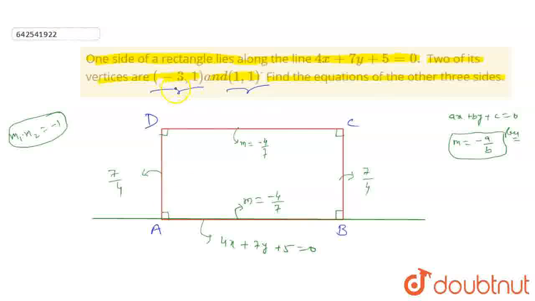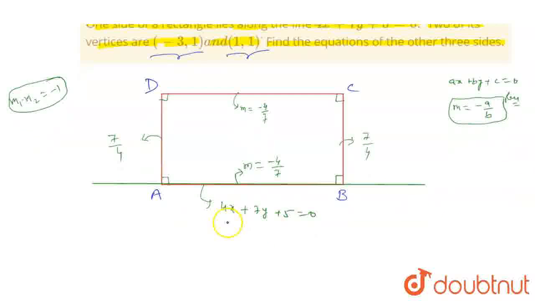Okay, let's decide minus 3 comma 1. If you put this minus 3 comma 1 in this equation, then you will get 4 into minus 3 plus 7 into y is 1 plus 5, which is equal to 0.